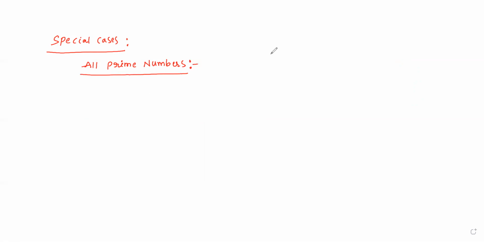Prime numbers means numbers having only 2 factors. Factors here means divisors. Suppose 7, let me take. It comes only in the 1 table and the 7 table. In any other table, it never comes. So this type of number is called a prime number.